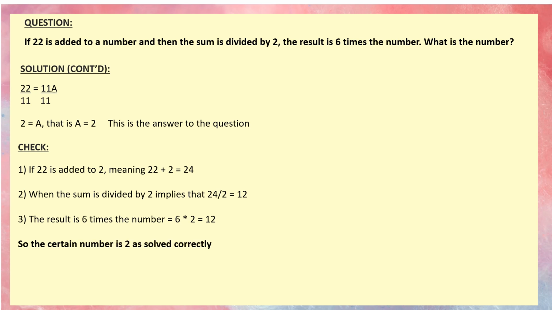And then we're also saying that the result is 6 times the number. 6 times 2 is 12. And that gives us what we had previously, 12. So in essence, the number which was solved before as 2 is correct.